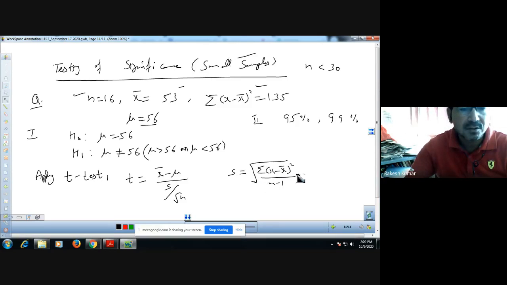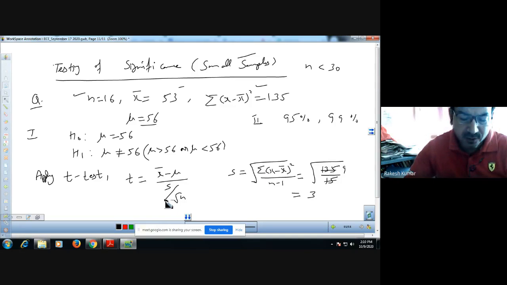Substitute the value 135 given to us, and n is 16. So 16 minus 1 is 15, and it comes out to be 9. So the square root of 9 is 3. So the value of s has been calculated over here.